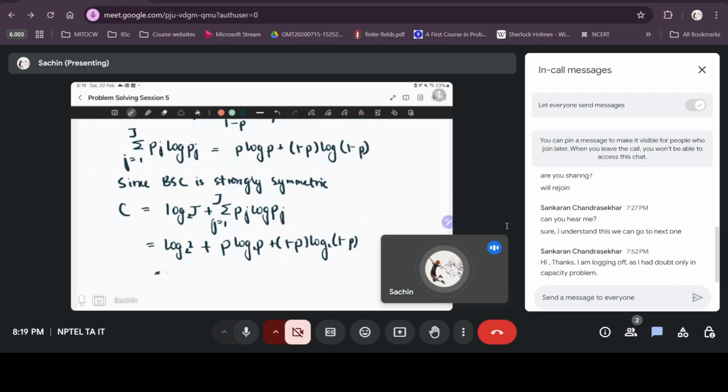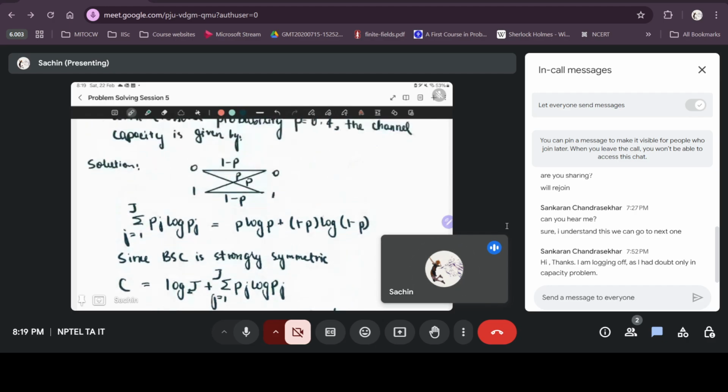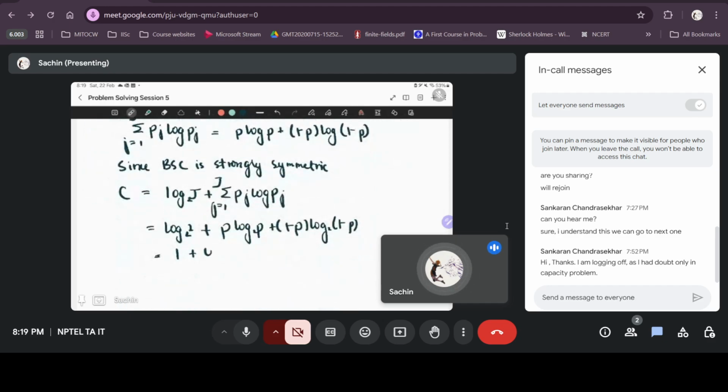which is 1 plus, with P being 0.4, 0.4 log 0.4 plus 0.6 log 0.6. And if you calculate that, you will get 0.03 bits.